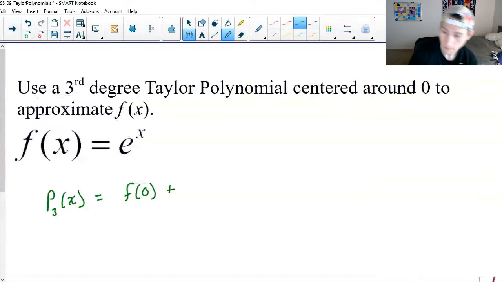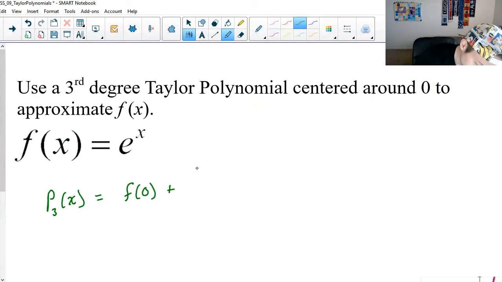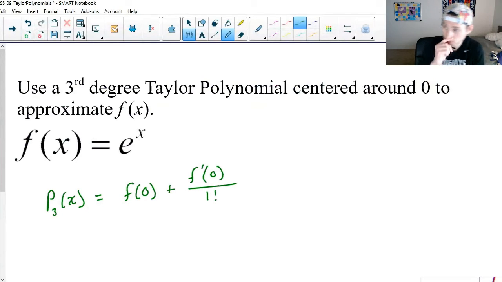Okay, and then we start using our formula. So that's f prime of C over 1 factorial.